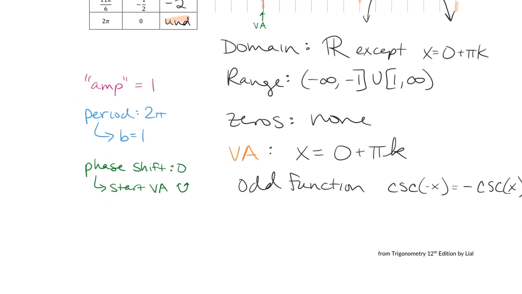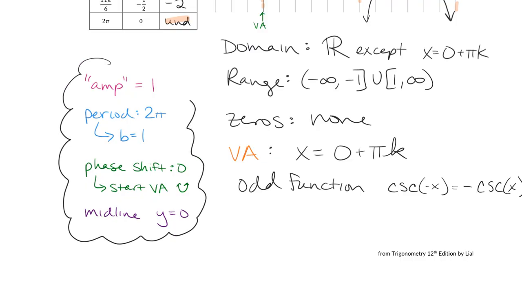And then last but not least, for this graph, the midline, which would be halfway between the relative maxes and mins, should be at 0. And if your graph has been shifted up or down, the value that would be added or subtracted to your function will be different. So all of the transformations from sine, cosine, and tangent are the same for secant, cosecant, and cotangent. So we're going to see this color scheme over and over again.